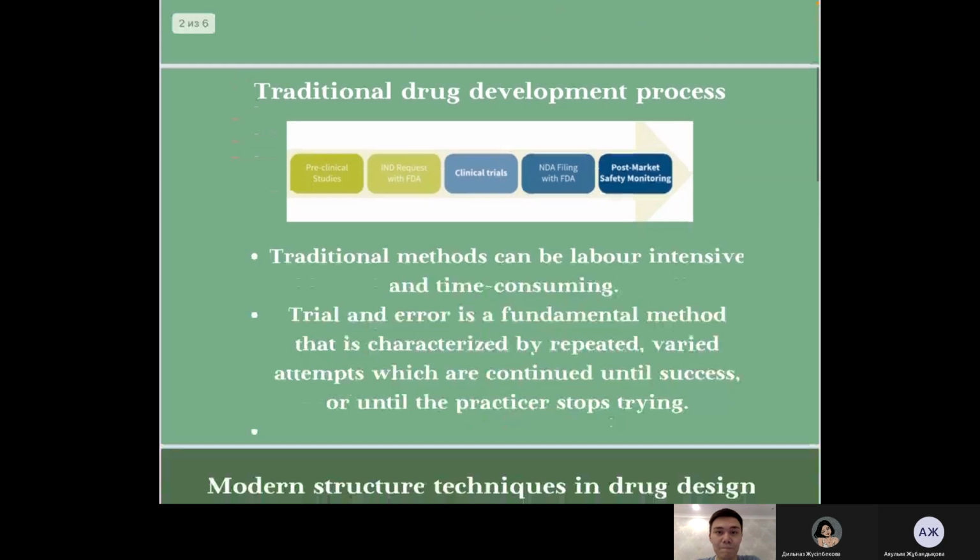that chemists were using until the second half of the 20th century. So what is the traditional drug method? The traditional drug design is part of the trial and error method.